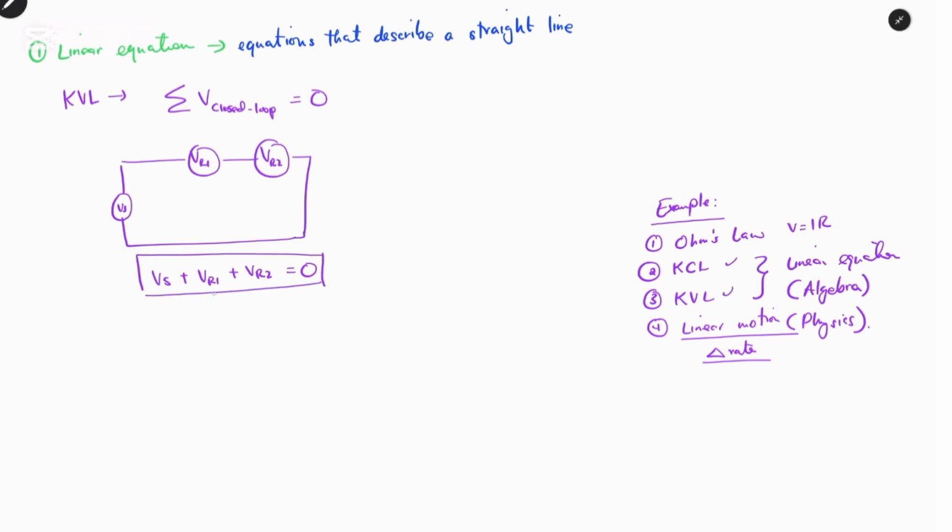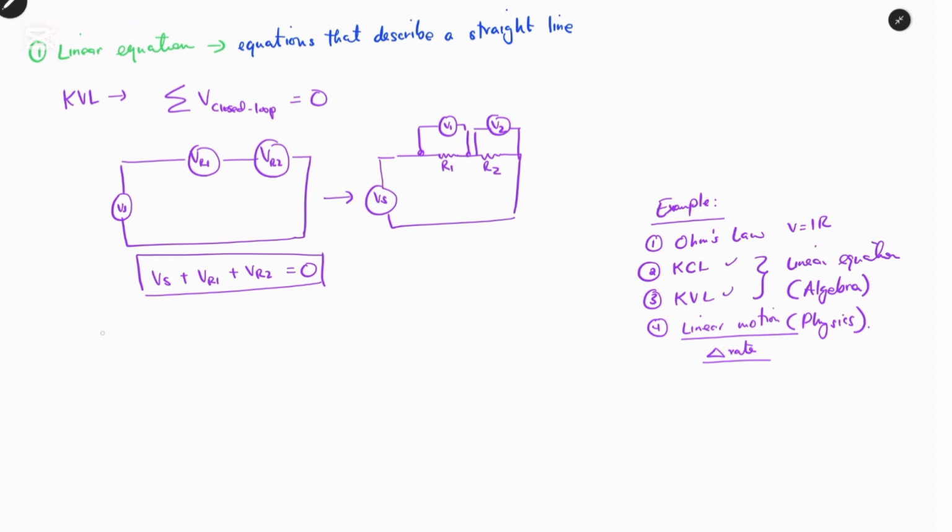The voltage R1 and voltage R2 can be found such that we have the voltage source, resistor 1 and resistor 2. When we connect a voltmeter, V1 and V2, we will get VR1 and VR2.